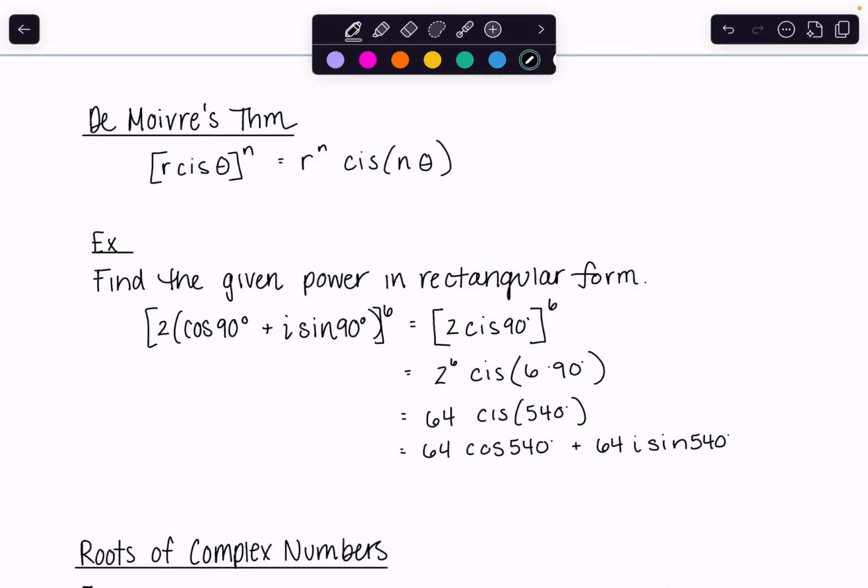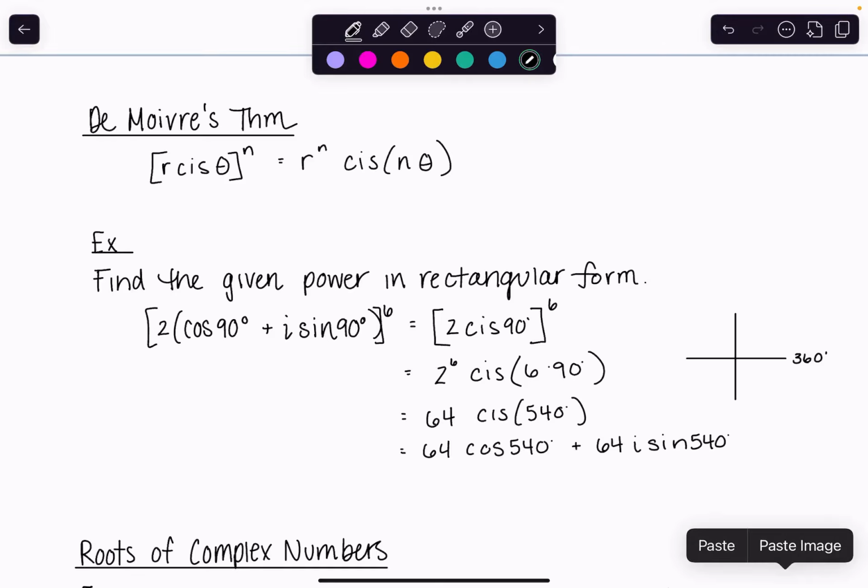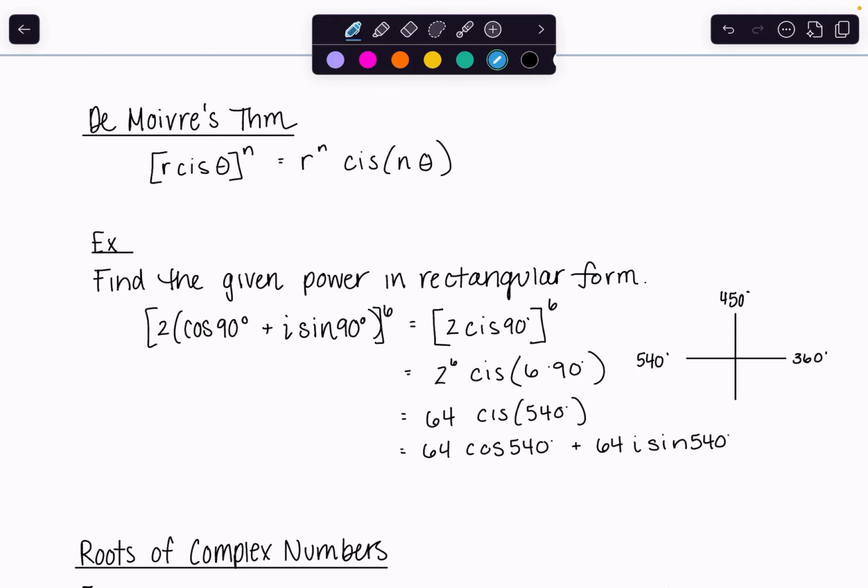Okay. And if you think about that, it's divisible by 90, so it's a multiple of 90. It's a matter of where that falls on the unit circle. So this would be 360 because it's definitely bigger than that. Add 90 to that gives you 450. Then add another 90 to that, it's going to give us 540. Okay. And so that happens to be exactly where our angle is.